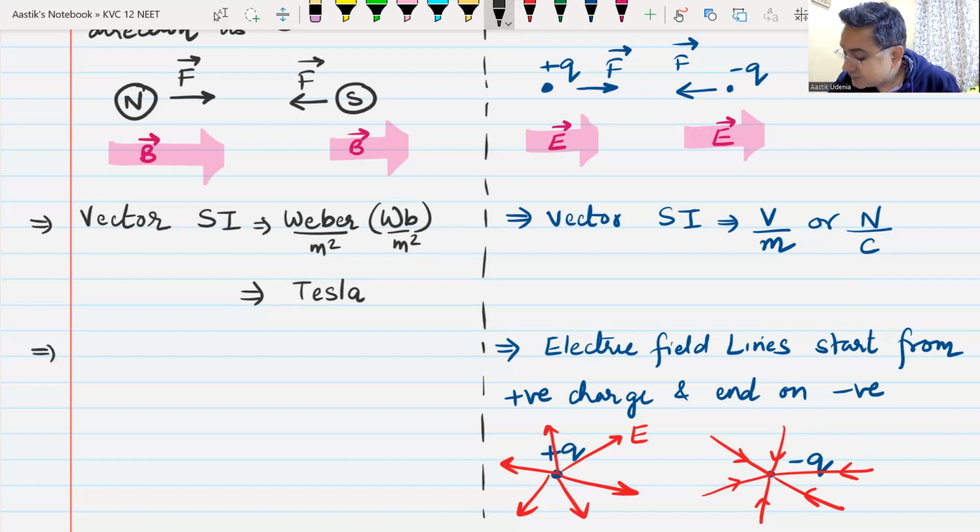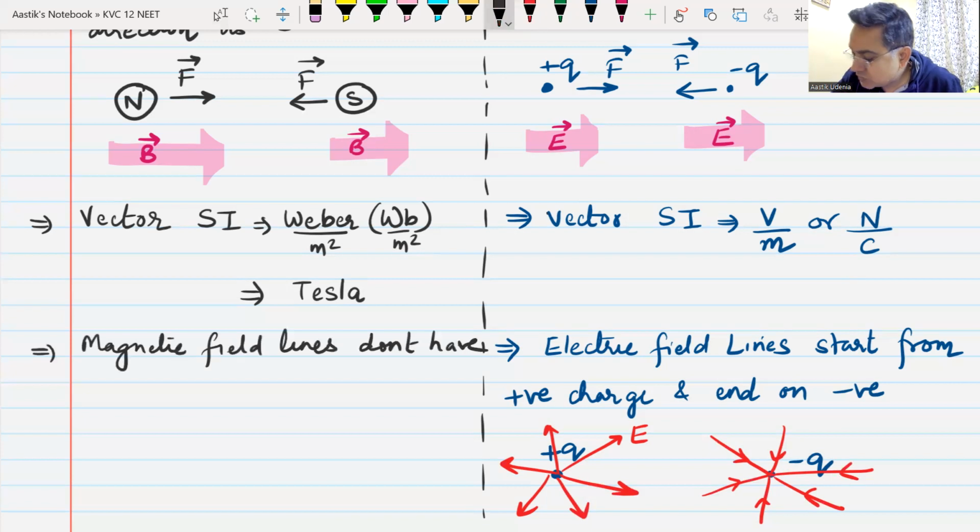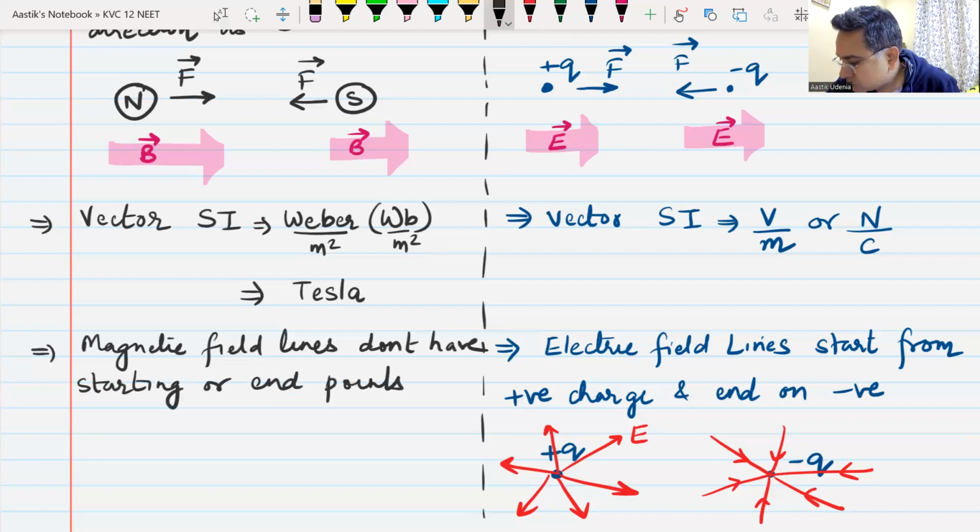So magnetic field lines do not have starting or end points. Magnetic field lines are always in closed loops.